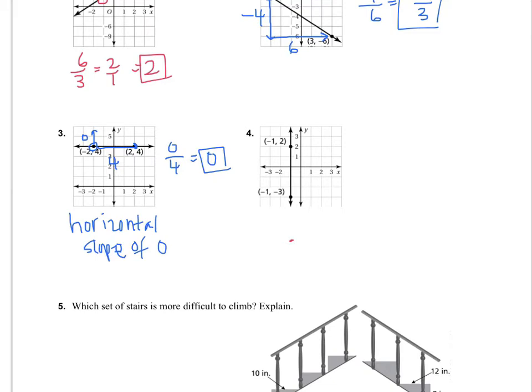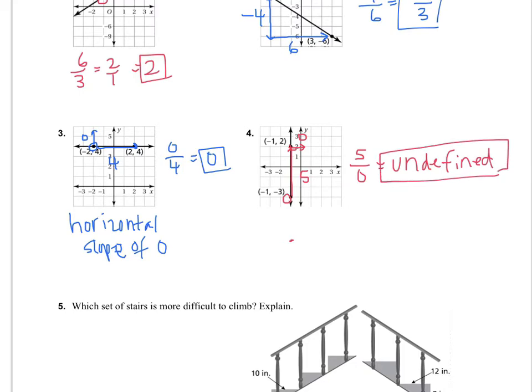Let's look at number 4. Number 4, I have to move up, and let's say up 5. And I don't have to move anywhere because I'm there, right? Like I landed on the spot, so I don't have to go anywhere. That's 0. So the rise is 5 and the run is 0. Now this is undefined. If you do this division, you will get an error message because you cannot divide by 0.